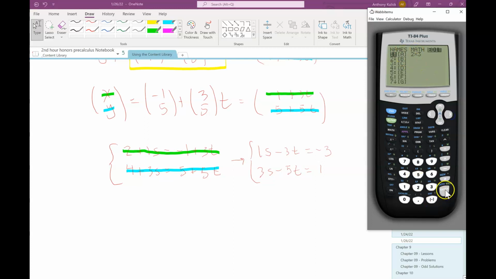I've picked matrix A. The first thing I'll do is set the dimensions of matrix A. So our matrix is going to have 2 rows, 1 row for each equation, and 3 columns, 1 column for s, 1 column for t, and 1 column for the answers. And then I type in my matrix exactly as it looks on my sheet of paper with just the coefficients. So I typed in 1, -3, -3, and my second row is 3, -5, +1.